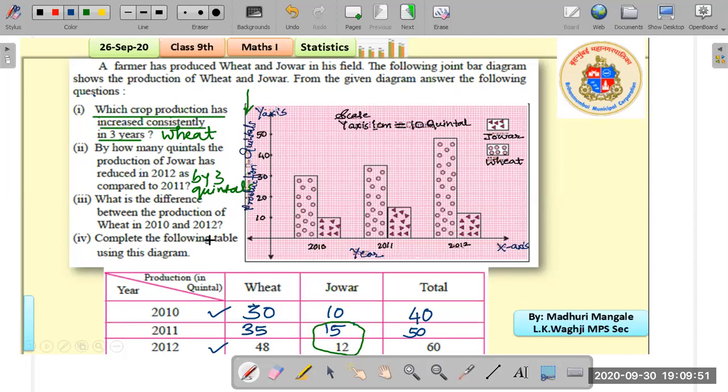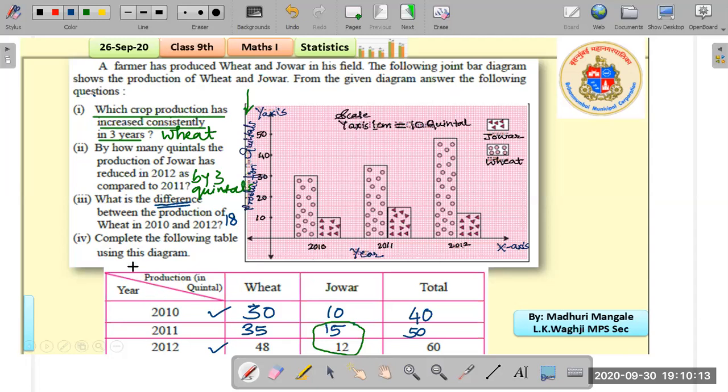So what is the difference? The word difference means subtraction. So we subtract 48 minus 30, that would be how much? That would be 18. So the difference between the productions of wheat in 2010 and 2012 is 18 quintals.